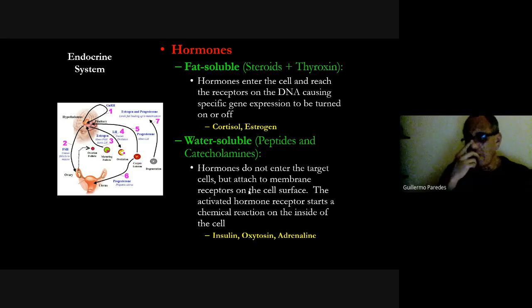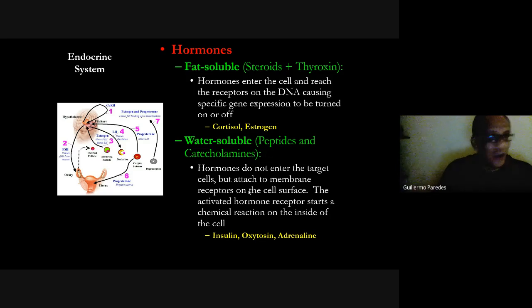The target organ of that LH will be the ovary, and the ovary is going to produce the ovulation. The LH is not going to go to your nose, and you're not going to ovulate by your nose, because the target organ is not your nose. The target organ is the ovary. So that's why it has a target organ, and all hormones have specific targets. Are we okay with that?